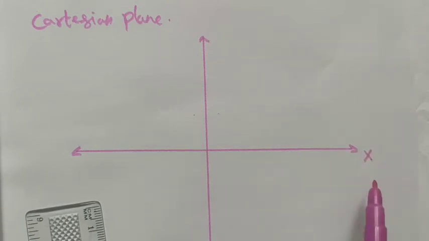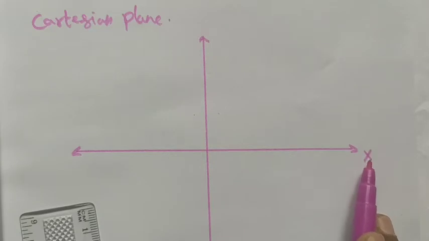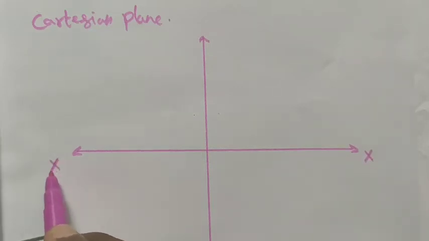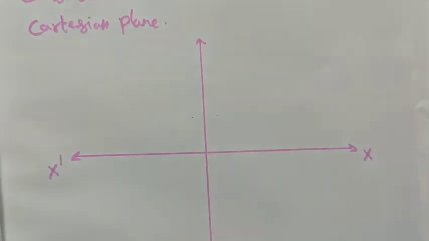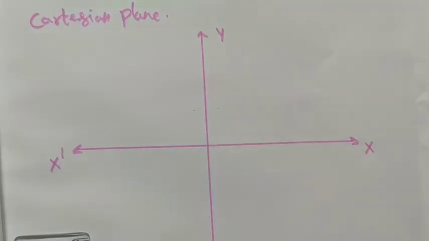The vertical line is called the y coordinate axis, y plane or y axis. We can use different words to call the 2 lines.